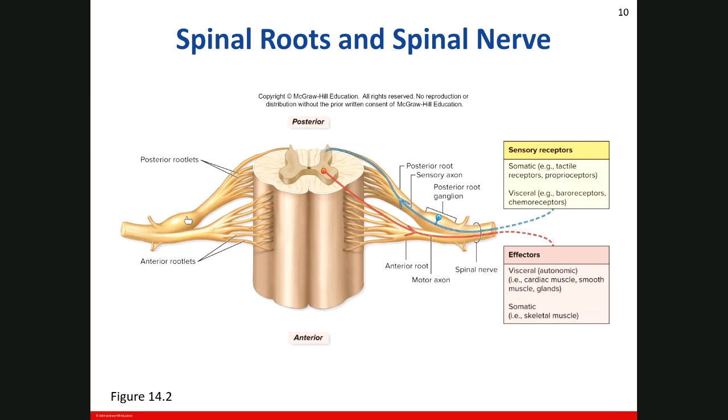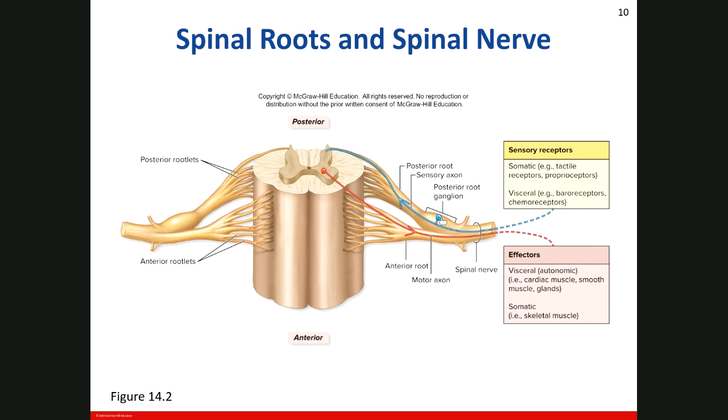This accumulation makes the structure which we call the posterior root ganglia or dorsal root ganglia. I hope you remember what this type of neuron is. This type of neuron which you have in the sensory part of your spinal cord is the pseudo-unipolar neuron.